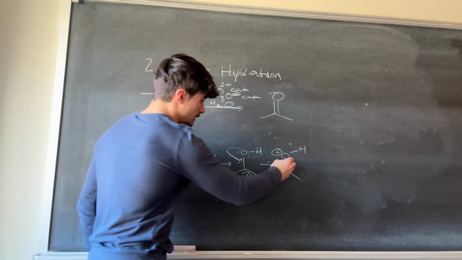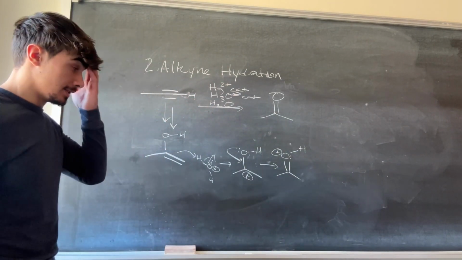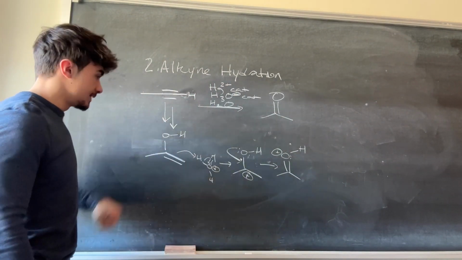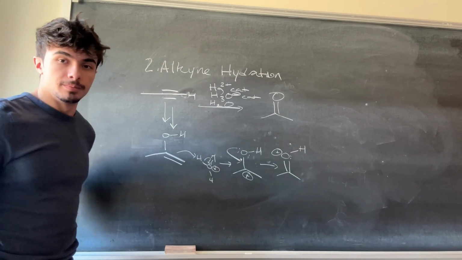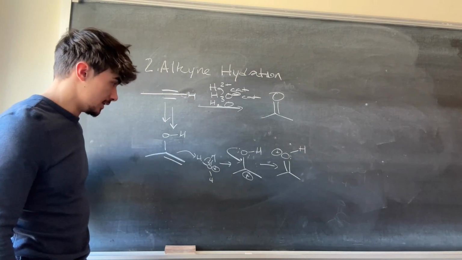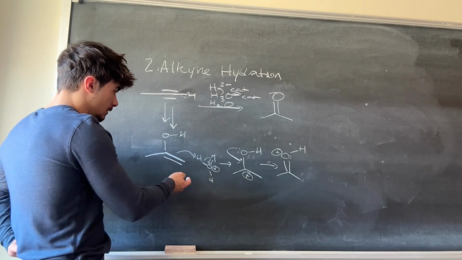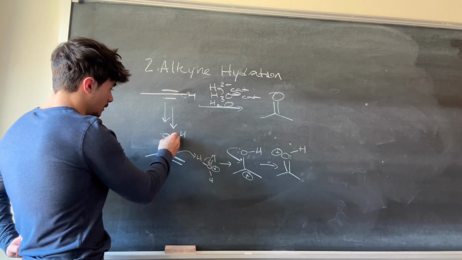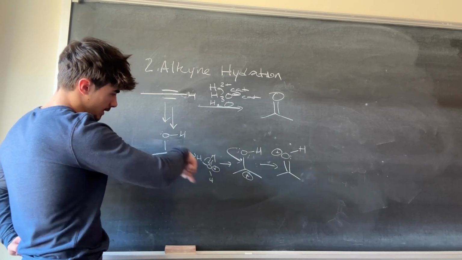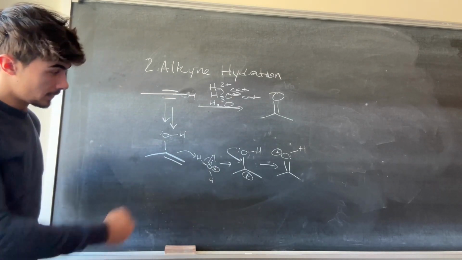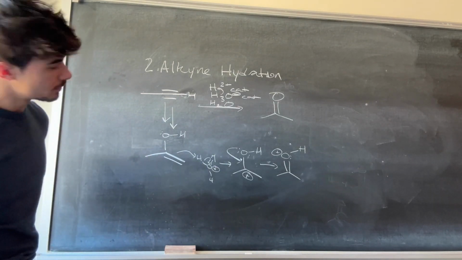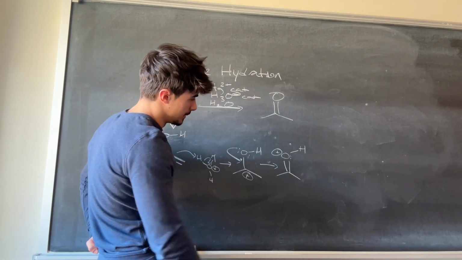Now this is an all-octet structure. This is stable, and we're going to see this a ton. You could also have drawn this step already, showing the arrow pushing from up there and doing a concerted movement of electrons, but this works to show why it's happening.